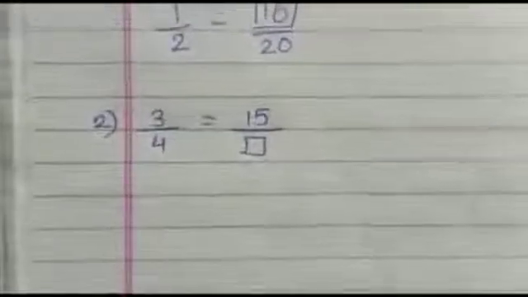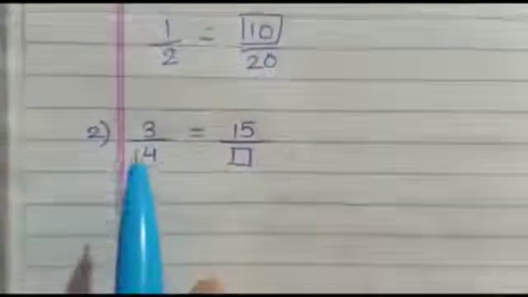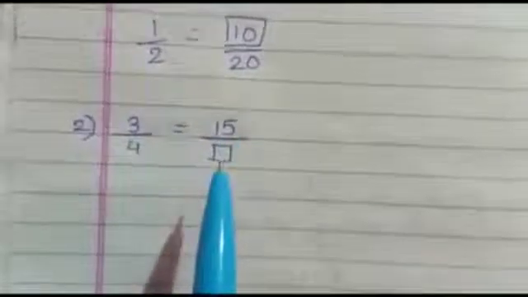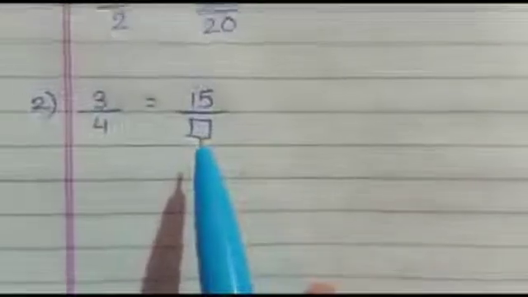Now students, look at the second one. They have given 3 upon 4 is equal to 15 upon box. That means you have to find out the denominator. In first sum, what we find out? The numerator. Second sum, we have to find out the denominator. Now look at this number 15.